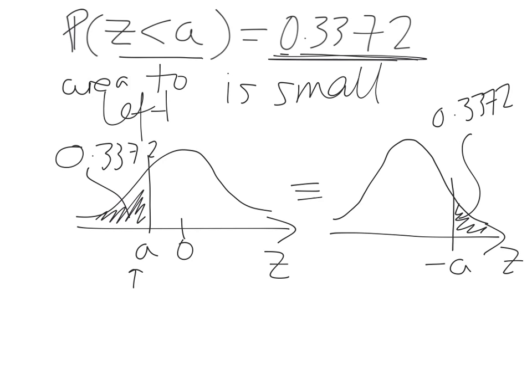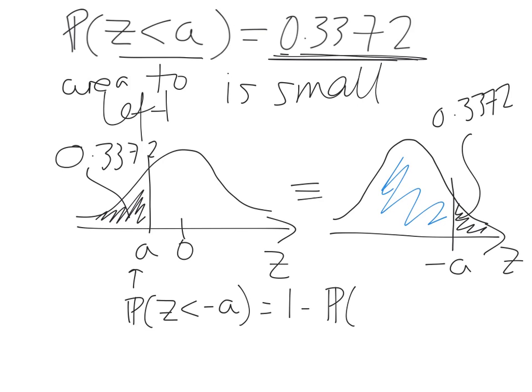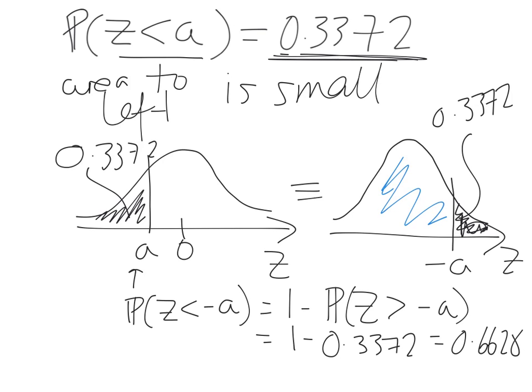Okay, so now we can say that the probability that z is less than minus a, so kind of this here, is equal to 1 minus the probability that z is bigger than minus a, which is this bit here, the bit we know. So that is 1 minus 0.3372, which is 0.6628.